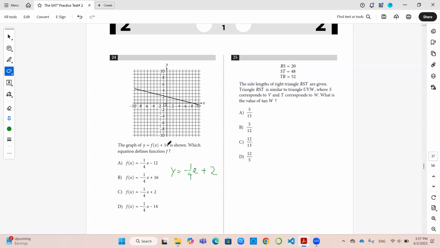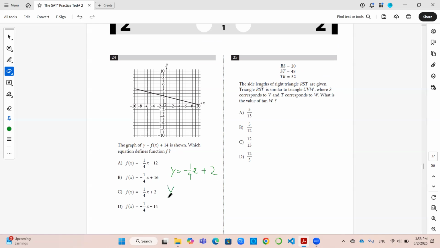But now we're going to see what the f of x is. So we don't know what f of x is. Because this graph is a 14 unit shift upwards, we need to shift the 14 units downwards for f of x.